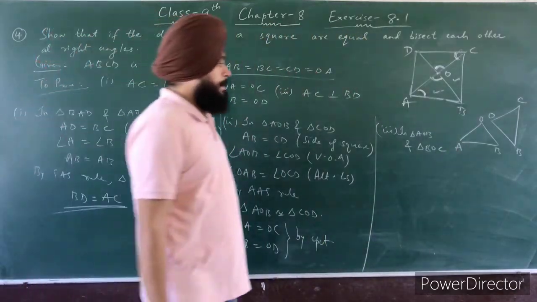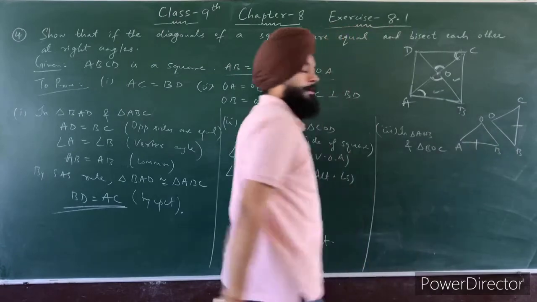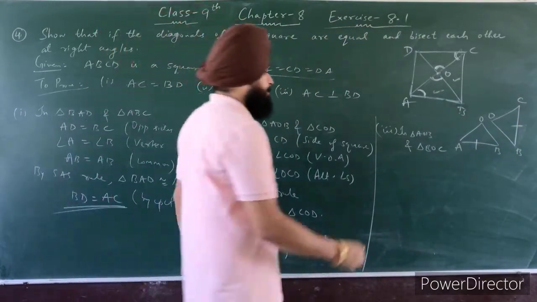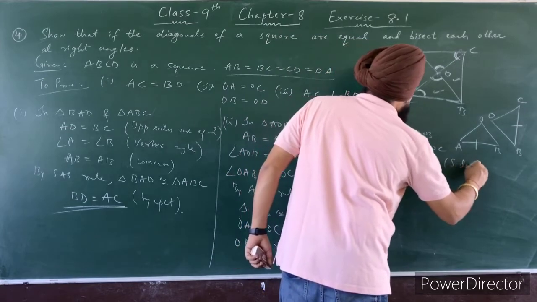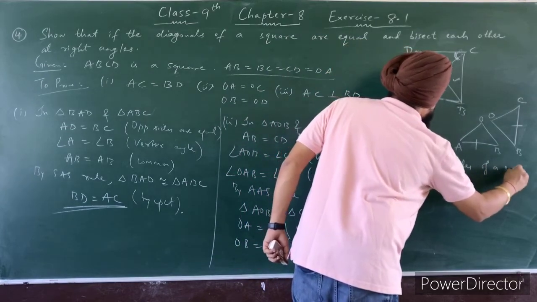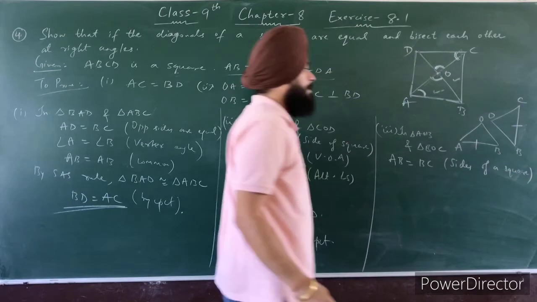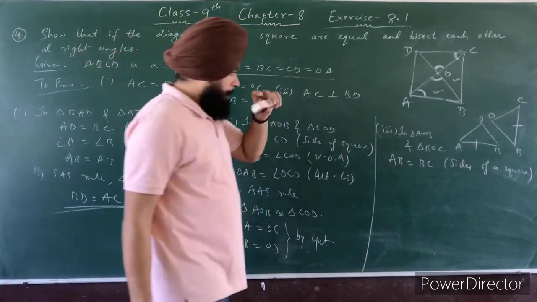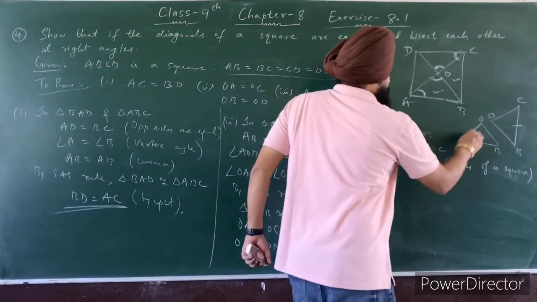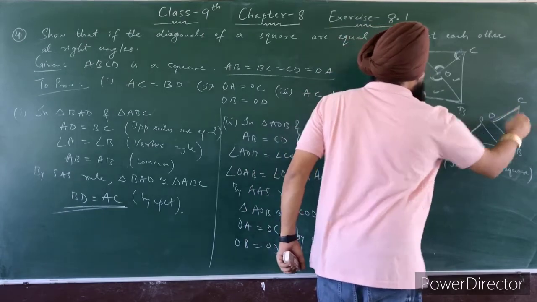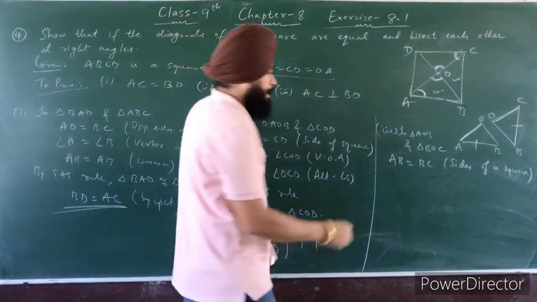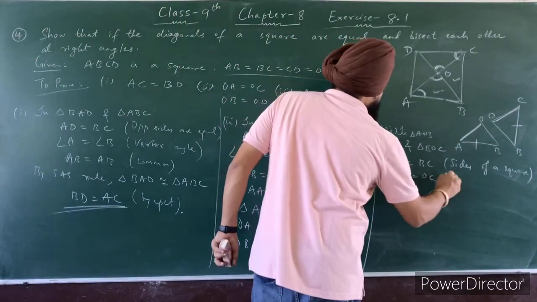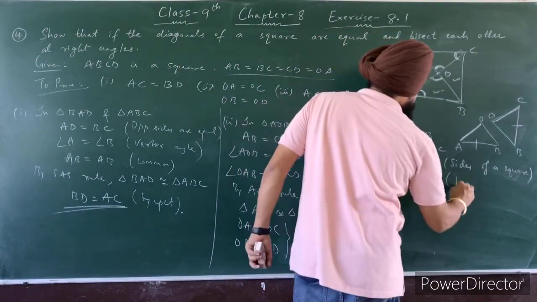So which is the first part? AB is equal to BC, sides of a square. Second one, you can take this one. OA is equal to OC, proved above.